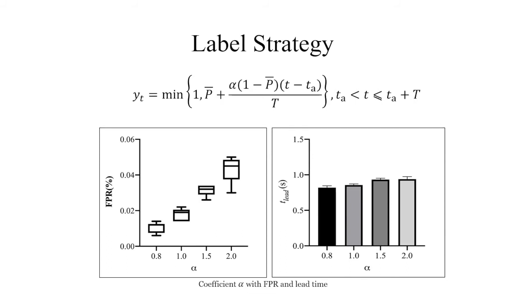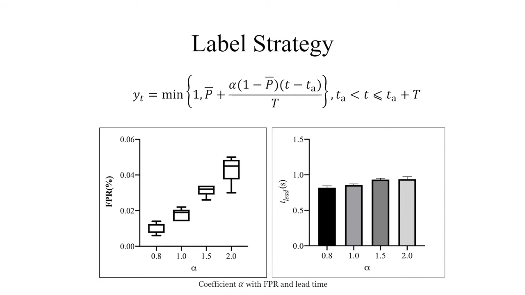The slope coefficient alpha in the labeling process will affect the final evaluation result as shown in these two figures. When the value of alpha is increased, the output of the predictor after the training will respond more quickly to the applied force, resulting in longer lead time and higher FPR.